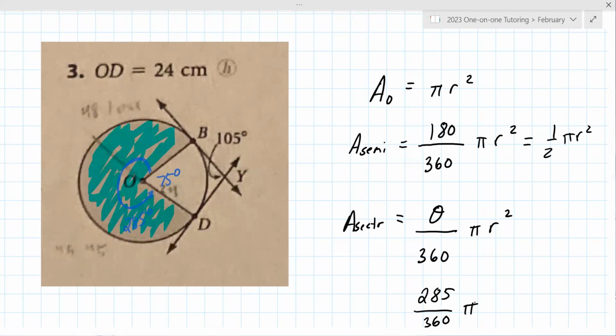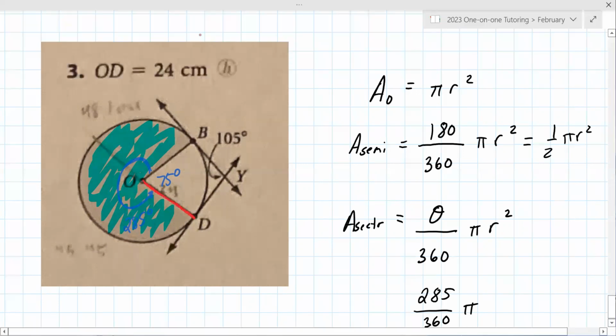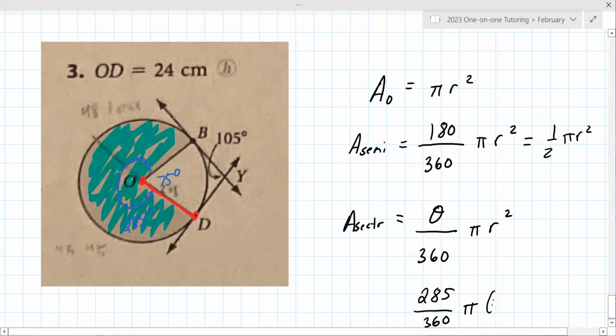The radius is 12, because the O to D is 24. No, O to D is the center to the edge. That is the definition of radius. So I guess 24 centimeters. Yes.